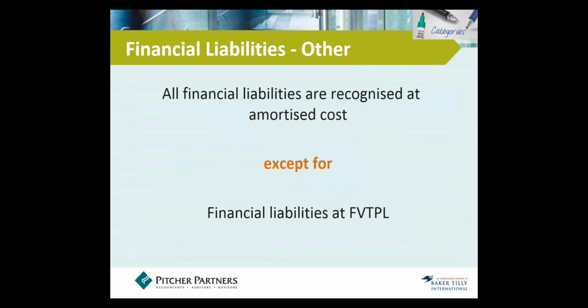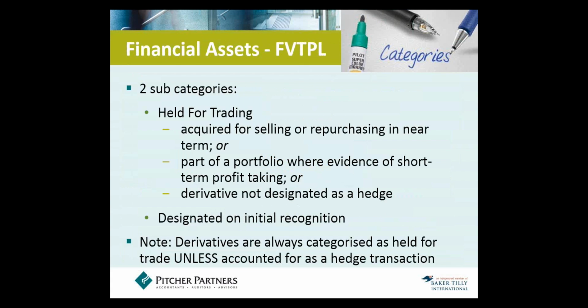So you could say all financial liabilities are recognized at amortized cost except for financial liabilities at fair value through profit and loss. So financial liabilities are fairly easy. The normal principles, they're all at amortized cost, unless you met the criteria for fair value through profit and loss, or you designated it at fair value through profit and loss on day 1.